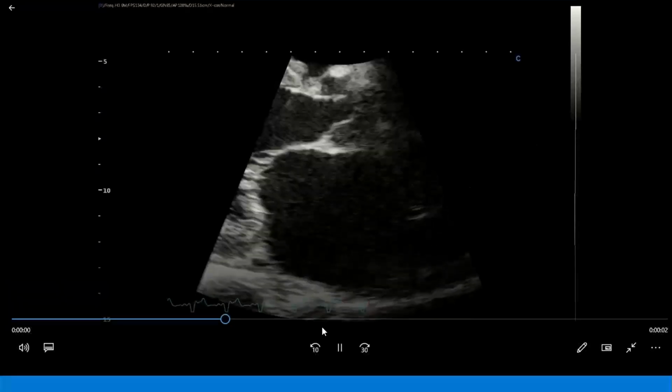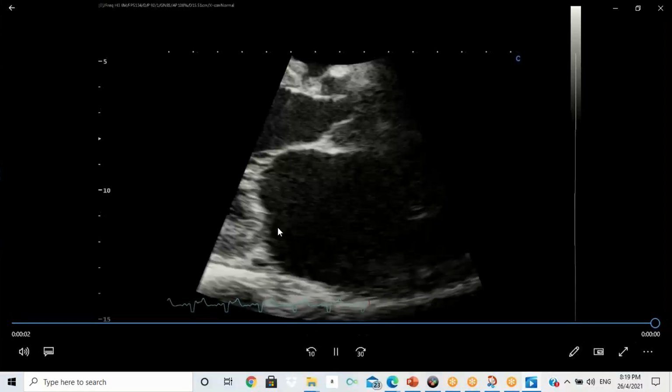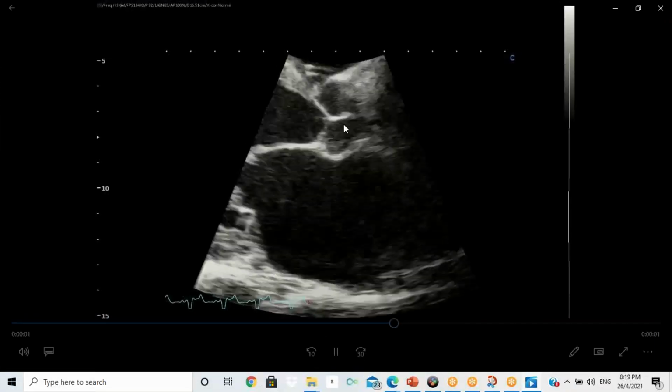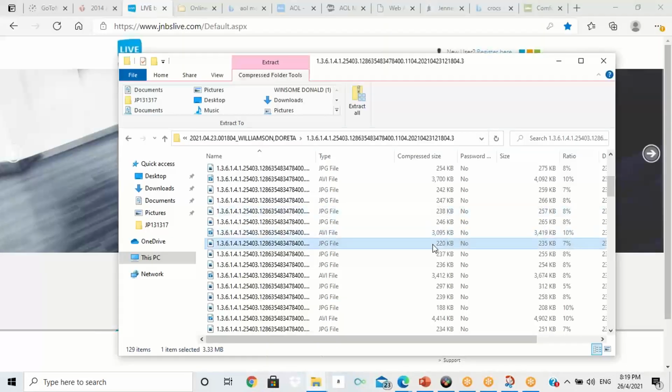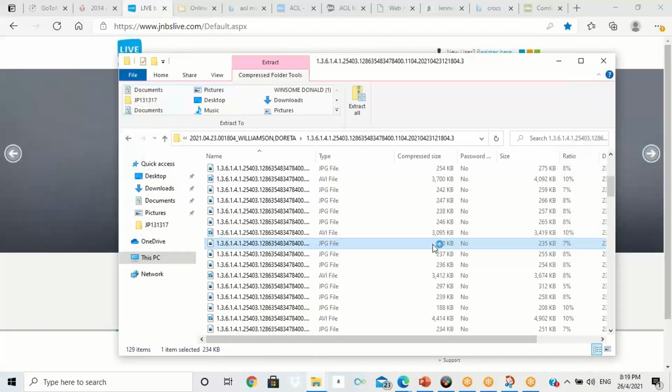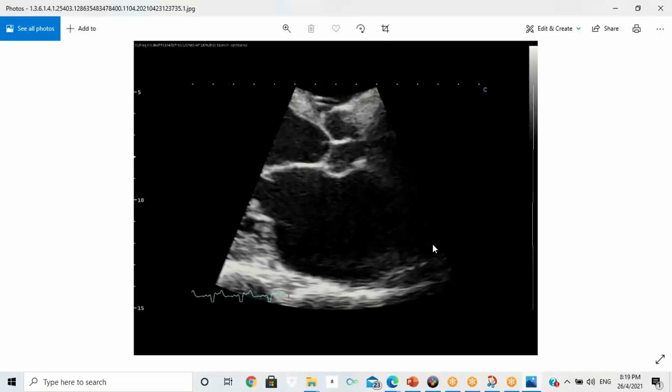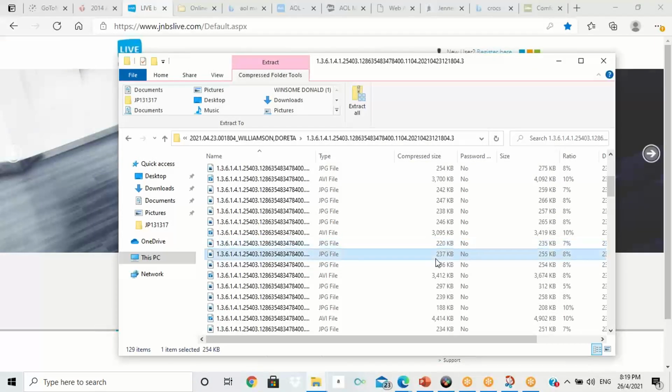Again, remember, you can zoom and enlarge your picture if you want to look at something in a larger frame. But you don't want to zoom too many of your images.